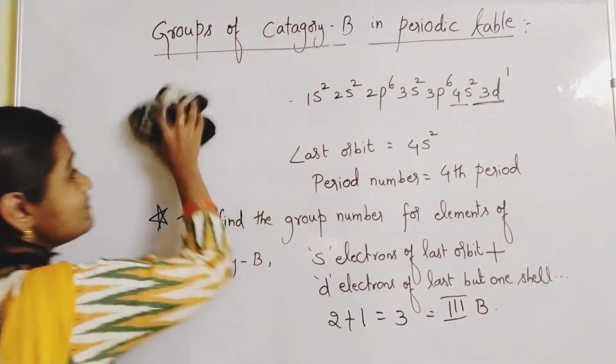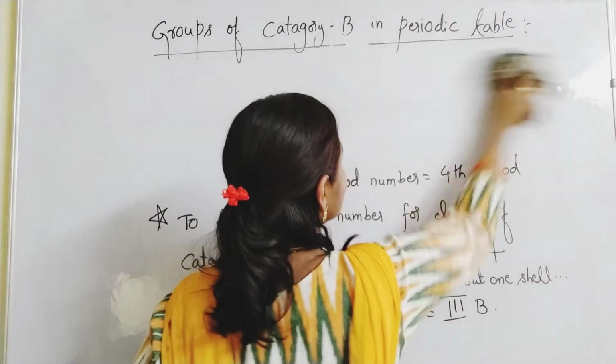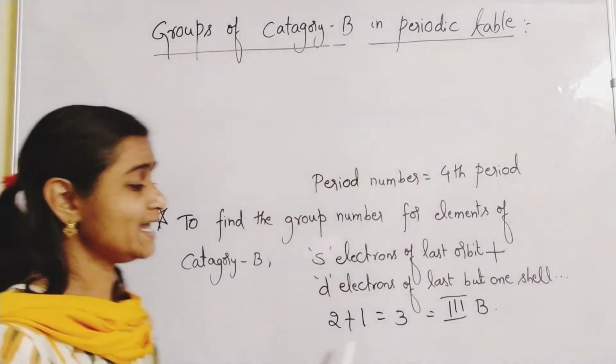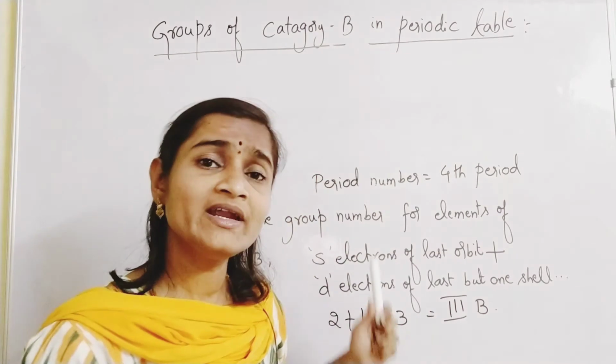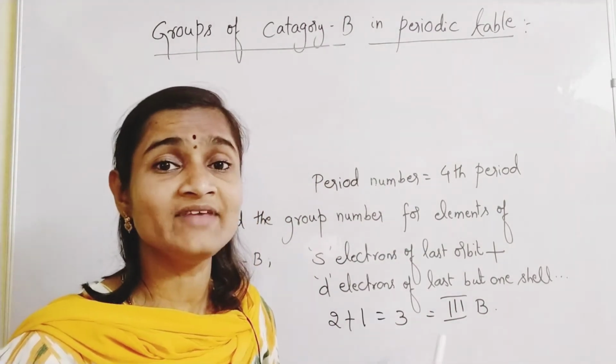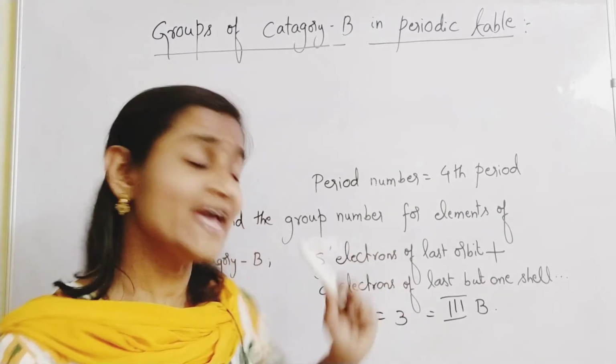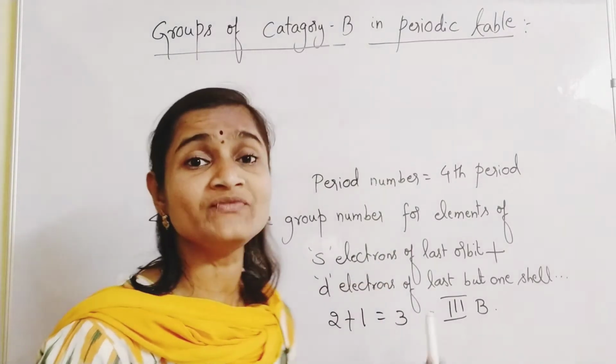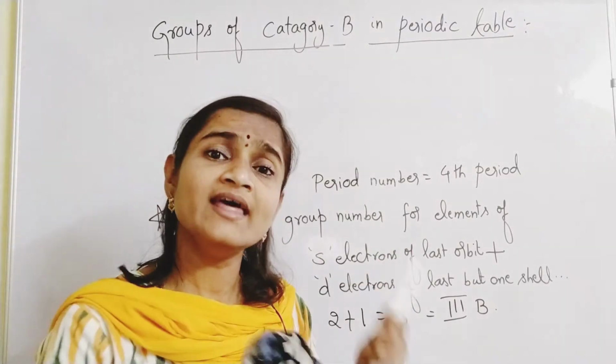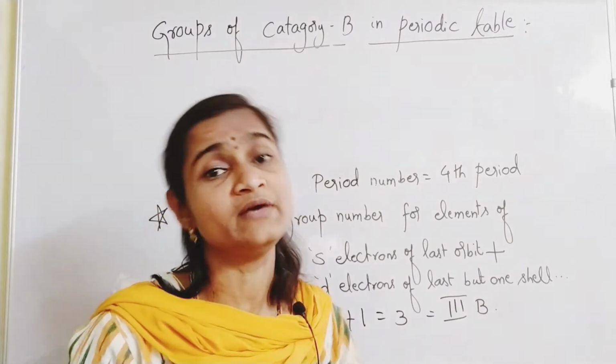What I am saying is, if you add those two numbers and get less than 8, whatever number you get is the group number of that element. If you get exactly 8, then that element belongs to the 8th B group.